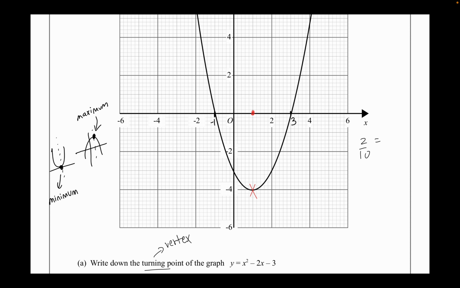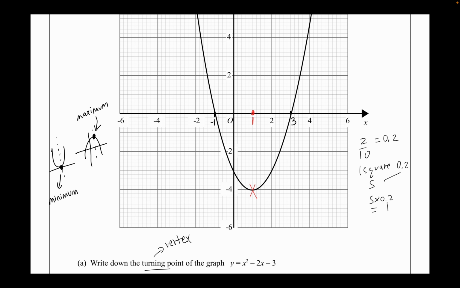So it means that 1 square gives you the value of 0.2. That means 5 squares would give you 5 times 0.2, which will give you the value of 1. So we know that this value here is going to be 1.